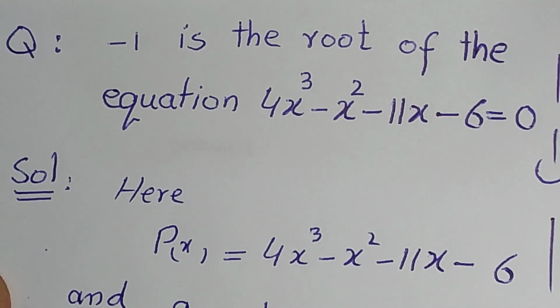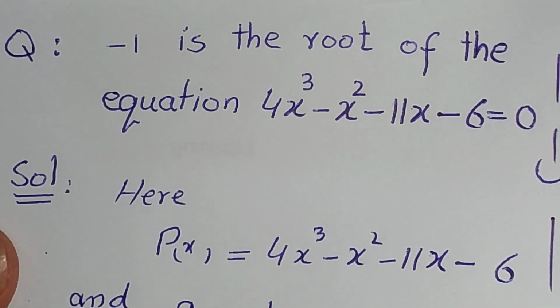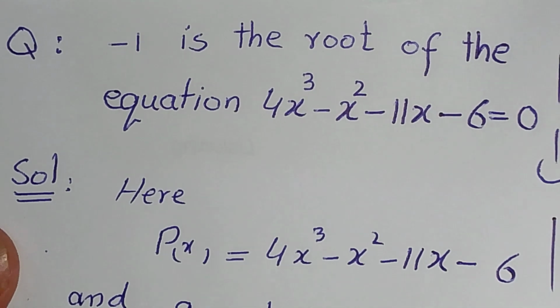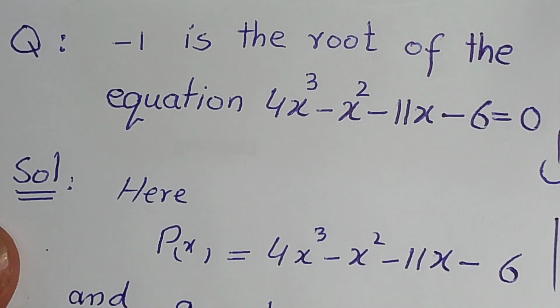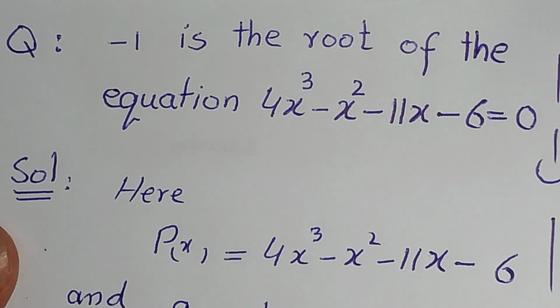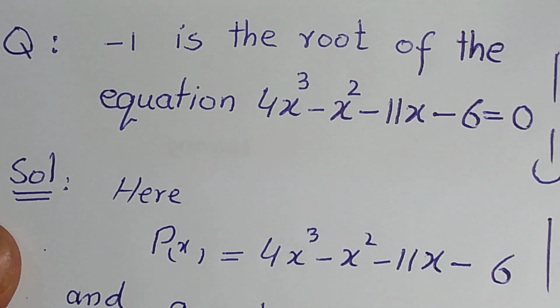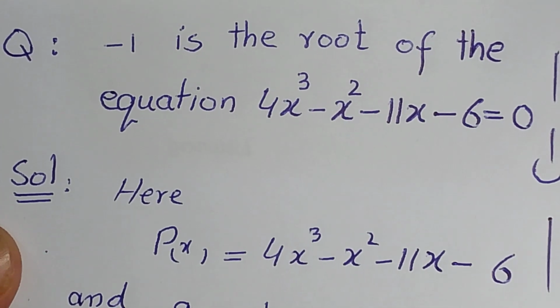we will take the coefficients from here: 4 will come from here, -1 is here, and -11 is here, so it will be written here, and -6. So this whole can be divided by -1. Okay, so here is -1.